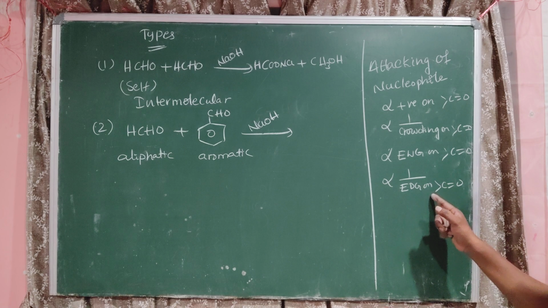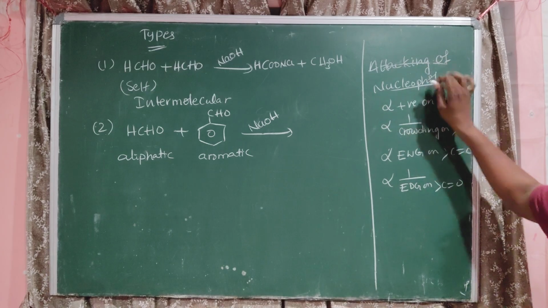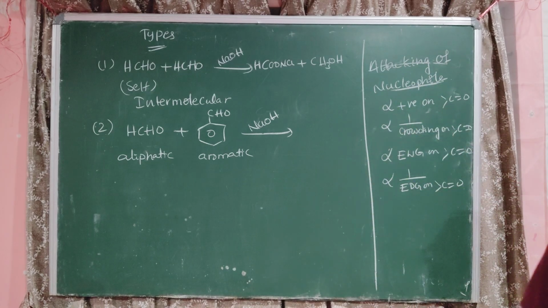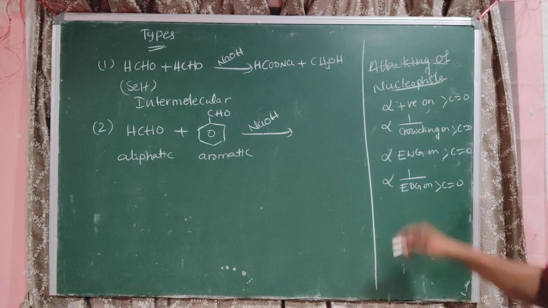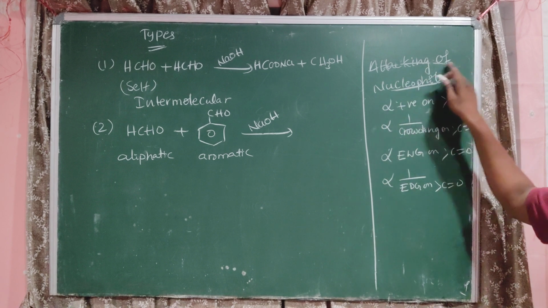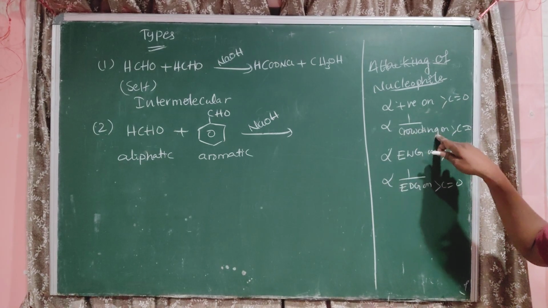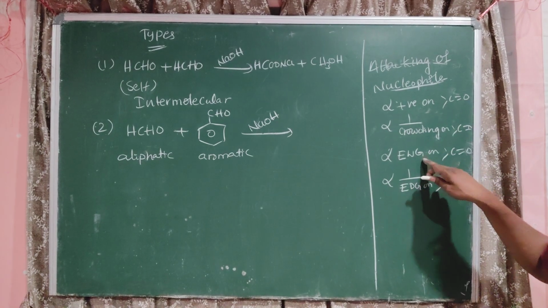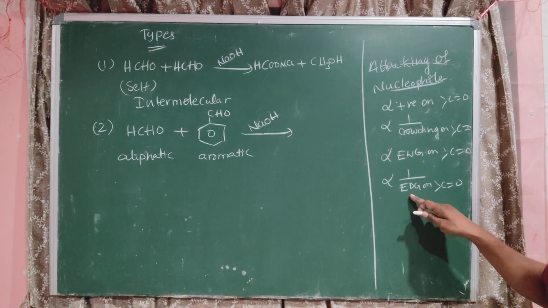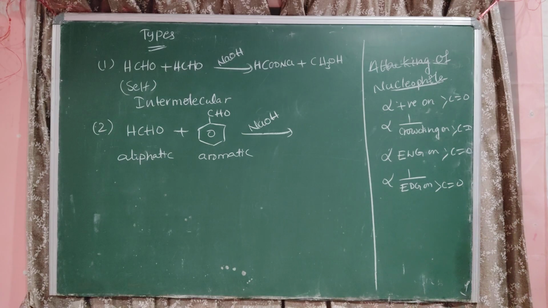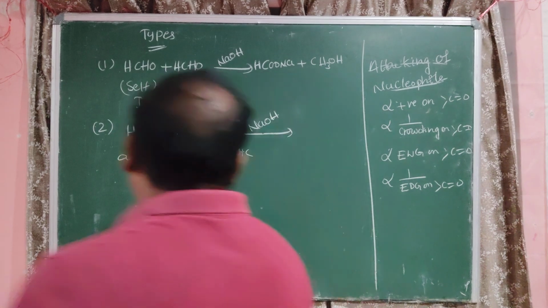If an electron donating group is there, nucleophilic attack becomes difficult. So the attack of the nucleophile depends on these four factors. It increases with positive charge on the carbonyl carbon and decreases with crowding, increases with electron withdrawing groups and decreases with electron donating groups on the carbonyl carbon.